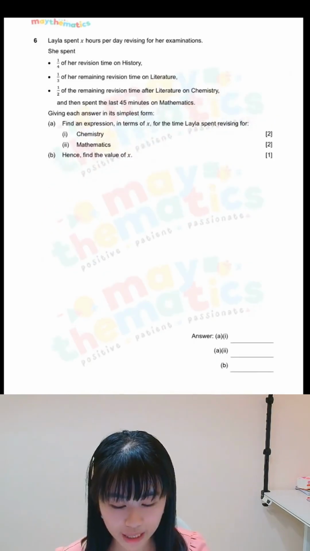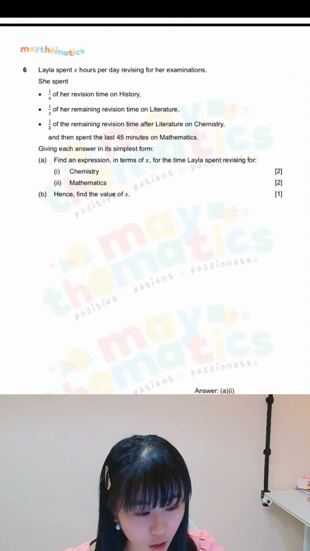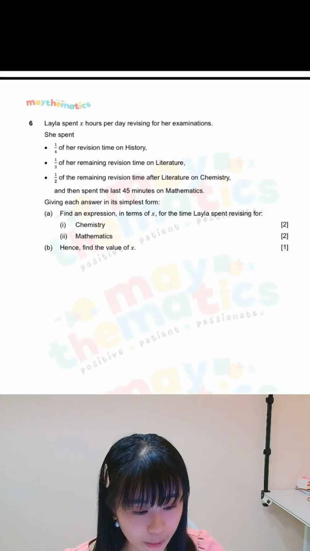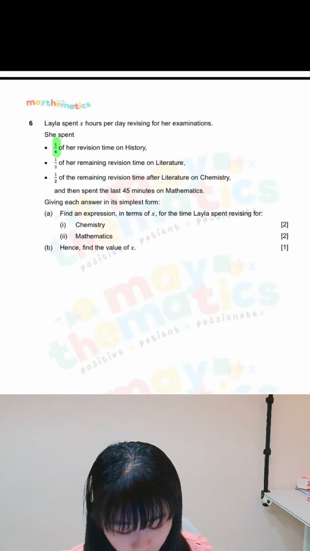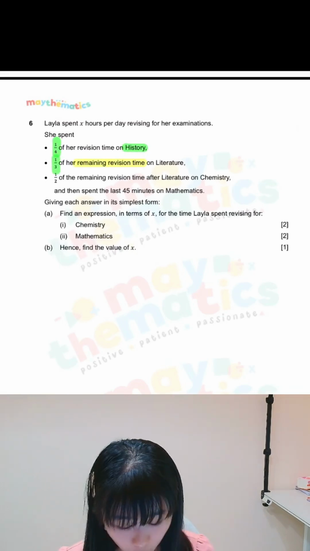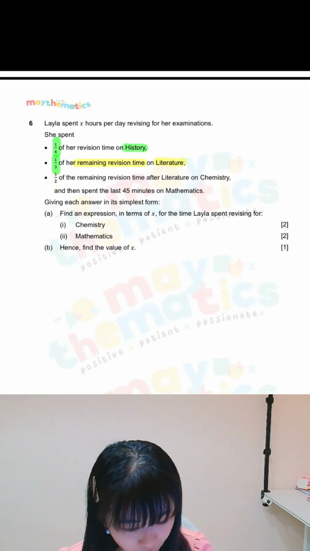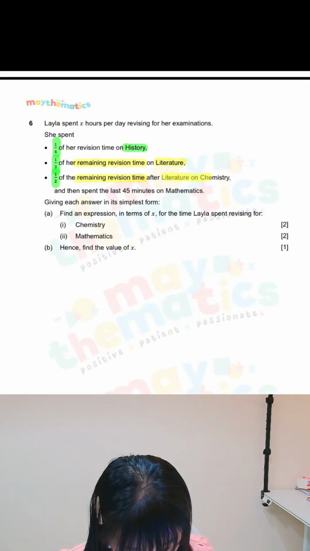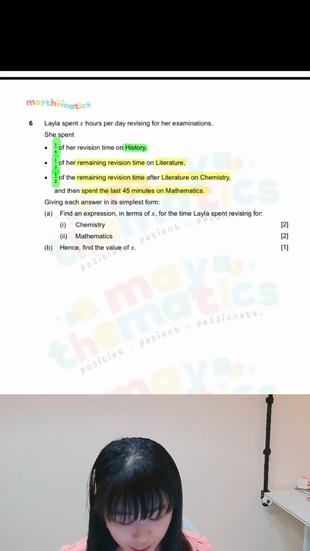Number 6, we have Layla spends X hours per day revising for her examination. She spent 1/4 of her revision time on history, 1/3 of the remaining time on literature, half of the remaining time after literature on chemistry, and then she spent the last 45 minutes on mathematics.